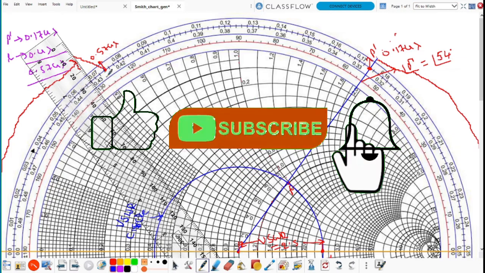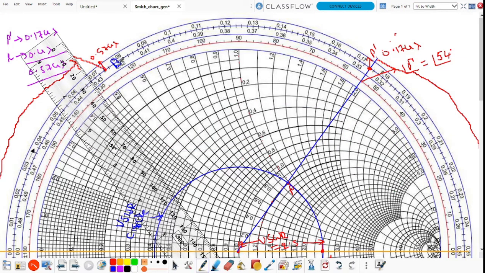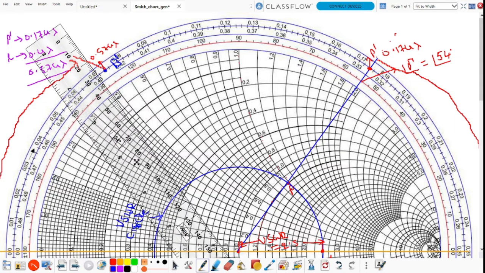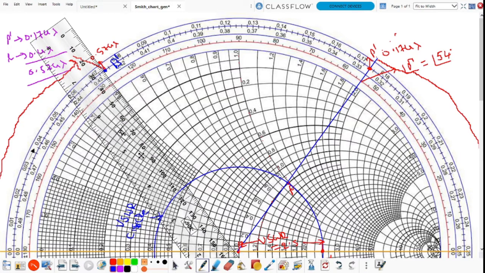This point is considered as point B dash, and after that connect the B dash point and the origin point using a scale. Connect B dash and the center point using a scale.